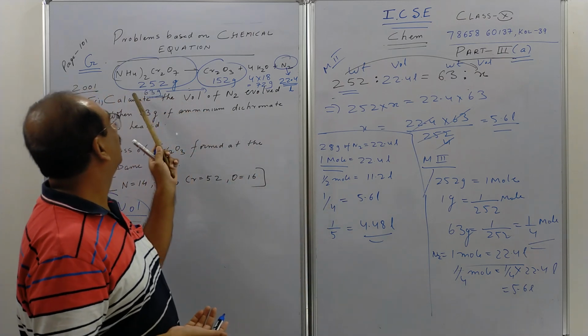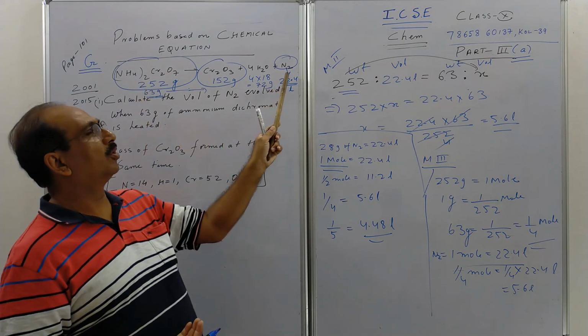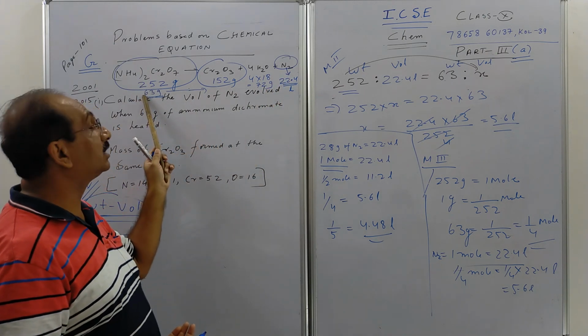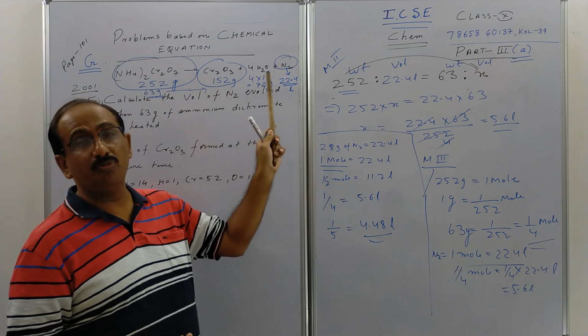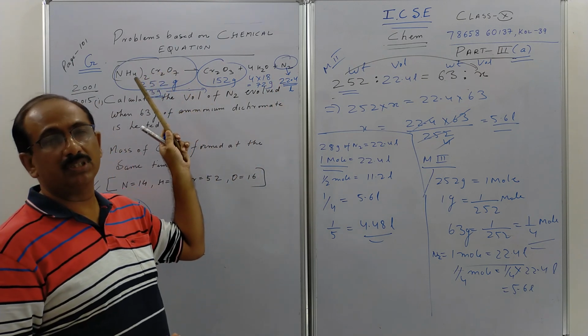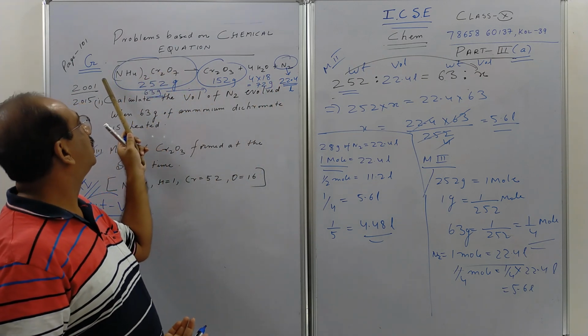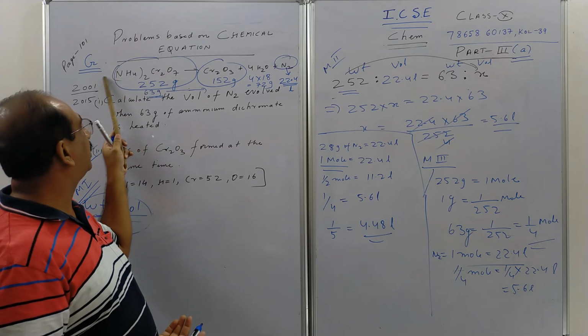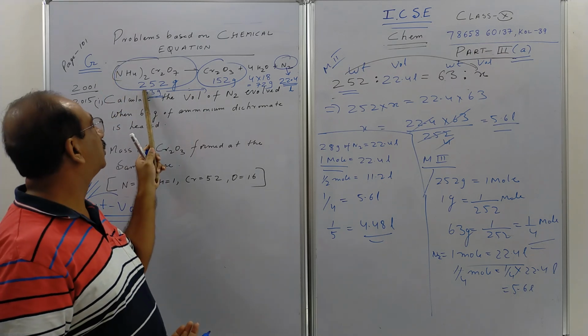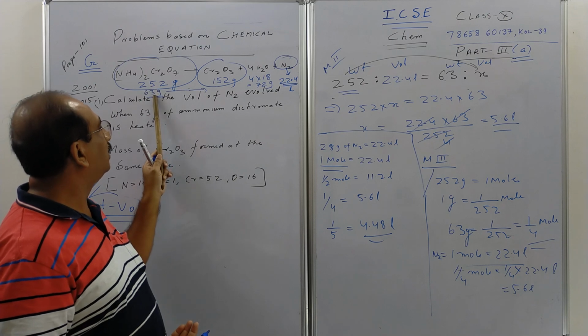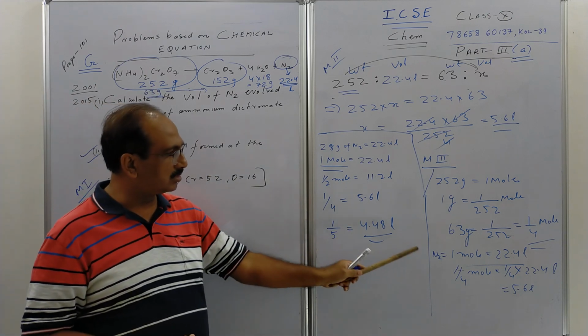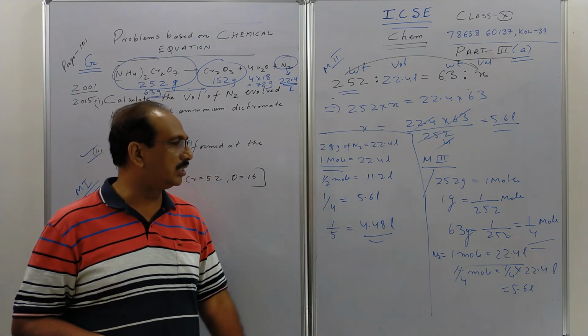Here I took 1 mole and got 22.4 liter, but since I have taken 63, the equation gives you for 1 mole. If it is a balanced equation, generally it's for 1 mole, but if it is 2 over here, then 2 moles. And 63 is 1/4, so the answer is 1/4 mole. For nitrogen it is 5.6.